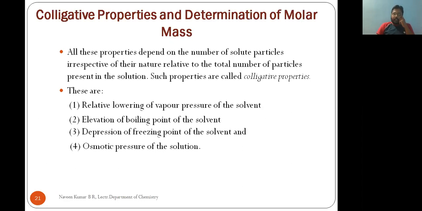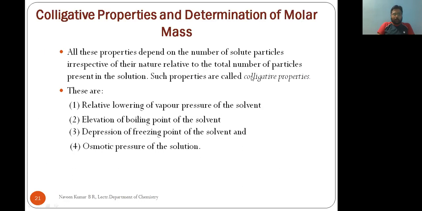Now, if we take a solution and measure a property, to call that property a colligative property, the measurement should not depend on the nature of the solute particle, but only on the number of solute particles.